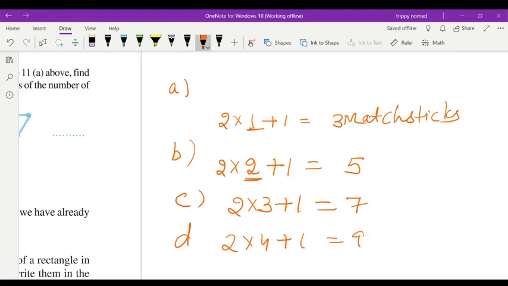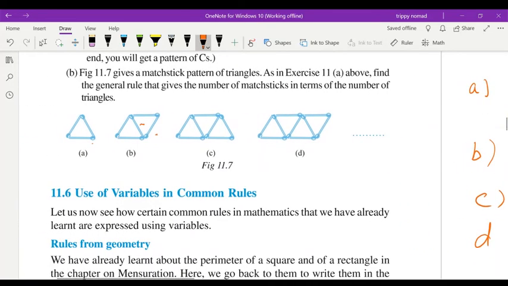Let us see first. Here you see, compare with that: 2 separately required and 1 will be common, because if you draw here, 1 matchstick will remain common. So we made the formula 2 into 1 plus 1, 2 into 2 plus 1, 2 into 3 plus 1, 2 into 4 plus 1.